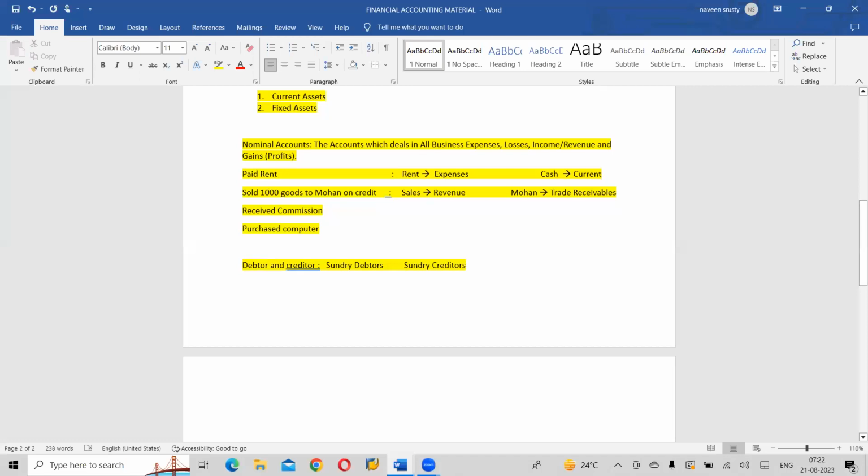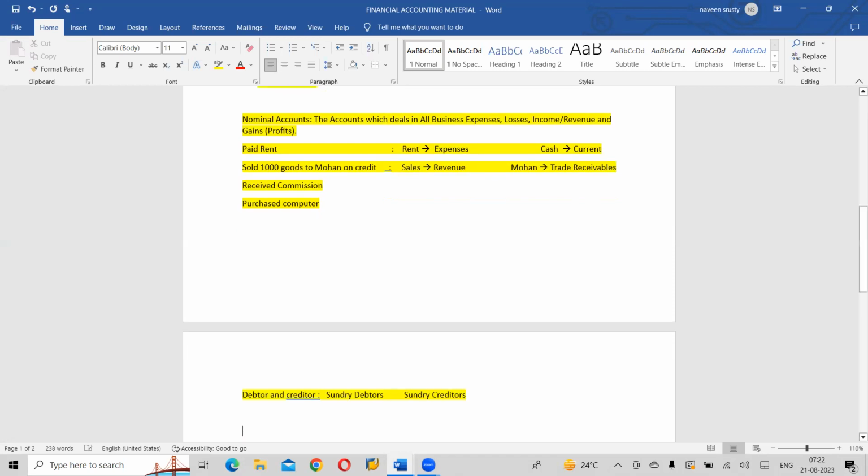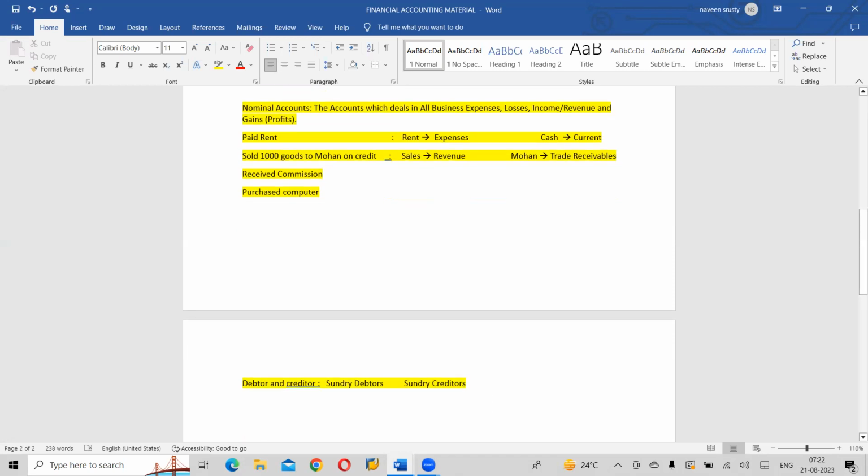See here. In our day-to-day business, we will sell goods or services. Are we going to sell on credit basis only to one debtor or a number of debtors? A number of debtors. And at the same time, we will purchase goods or services from a number of creditors.